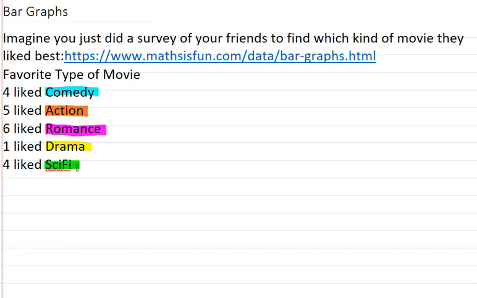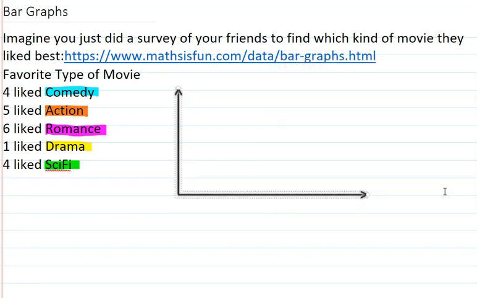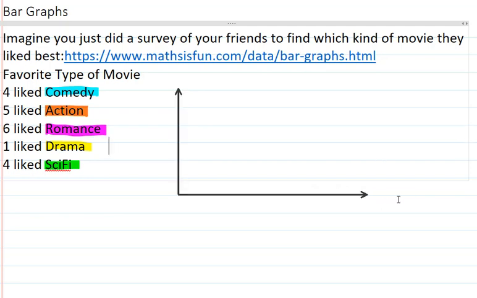Now, those are different types of movies, and then we have the number of people who liked each one. So 4 liked comedy, 5 liked action, 6 liked romance, 1 liked drama, and 4 liked sci-fi. I'm going to draw myself a little XY axis here. This gives me a straight edge so I can draw my different scenarios.